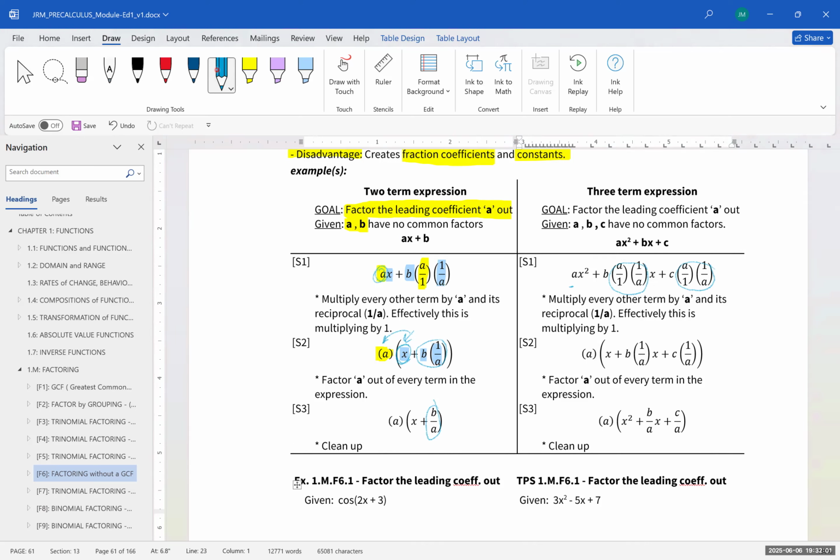And then since every term now has an a in it, you can factor that a out of every term. When you clean this up, you've got a factored out. This x squared no longer has a leading coefficient. And now the coefficients in front of these other terms are b over a and c over a.